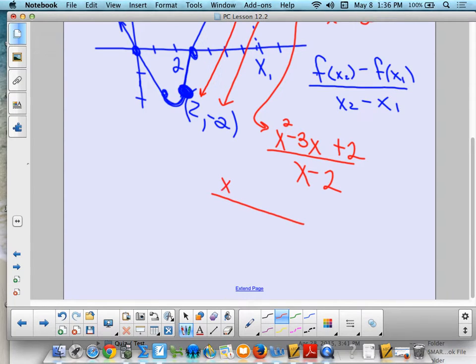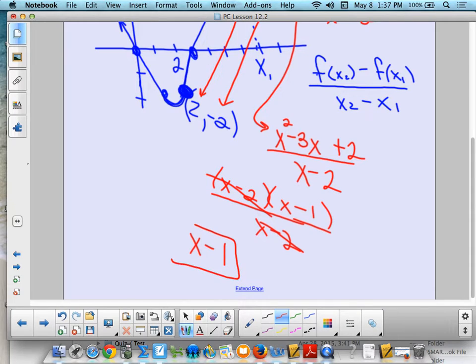Got x plus, or x what? Not plus. X minus 2, x minus 1. X minus 2, x minus 1 over x minus 2, right? Crossed out the x minus 2 with the x minus 2, and you got what? X minus 1 is the what? Is what? Average rate of change.